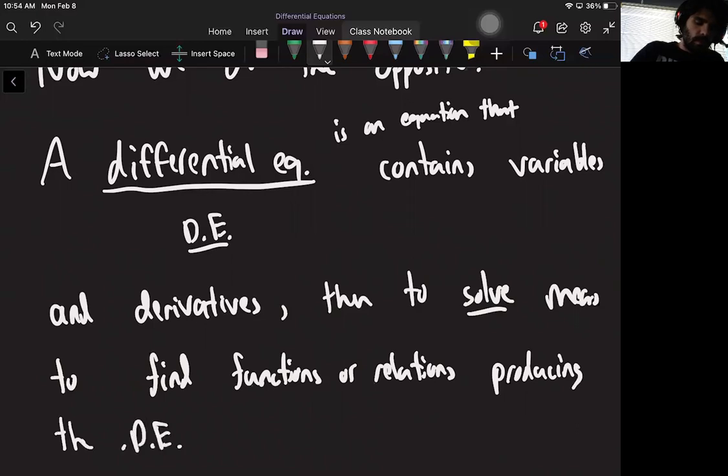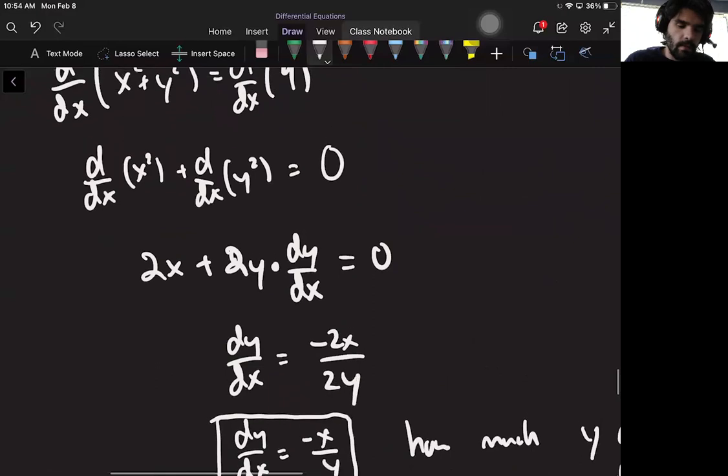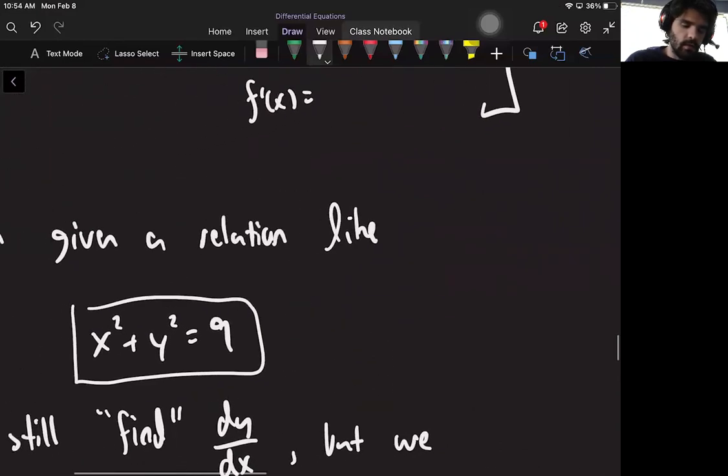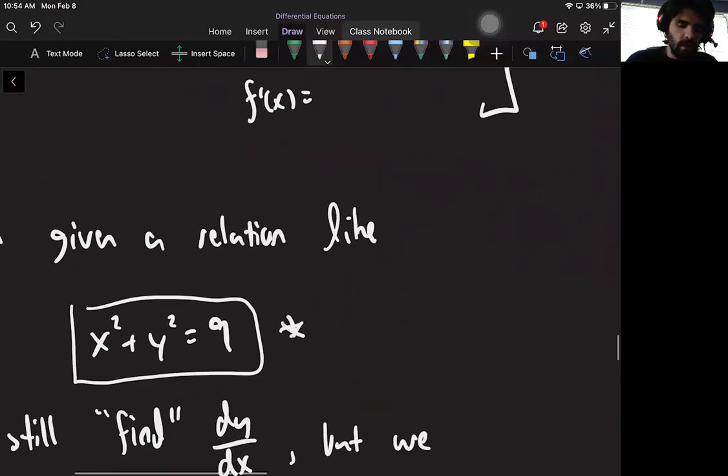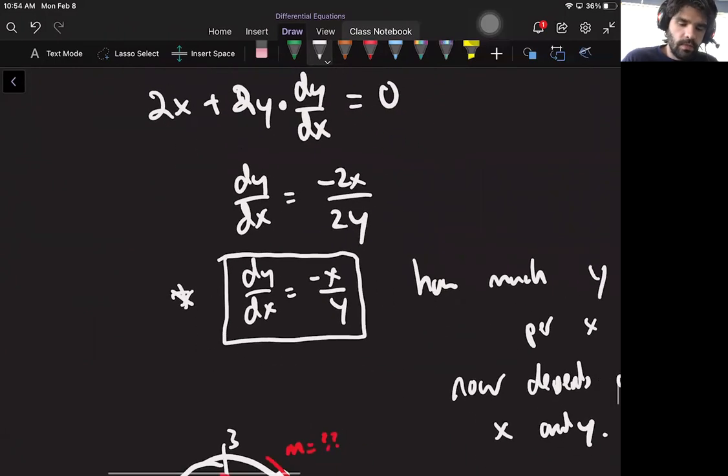So that's why it's sort of backwards from up here. So the idea up here is, in calculus, I give you this relation. You give me back this derivative thing. But now in differential equations, we go backwards.